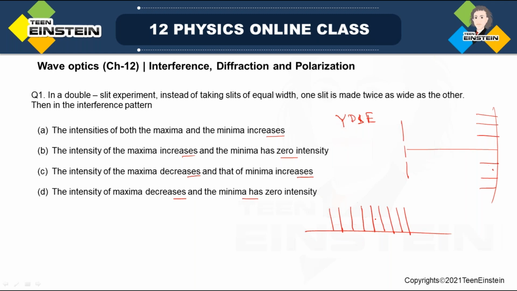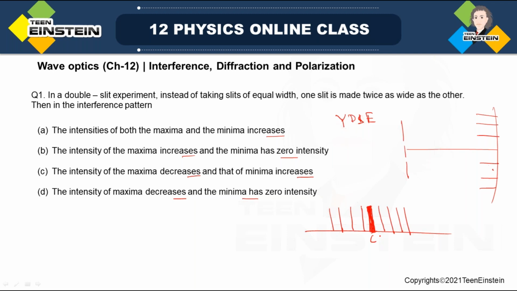Now you might be able to remember. Generally the central bright maxima means its intensity will be maximum. This is the central bright maxima and the others are here.